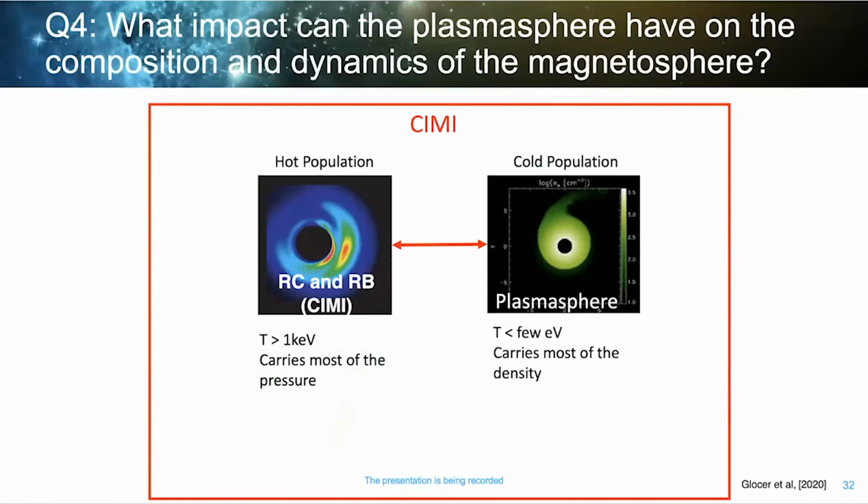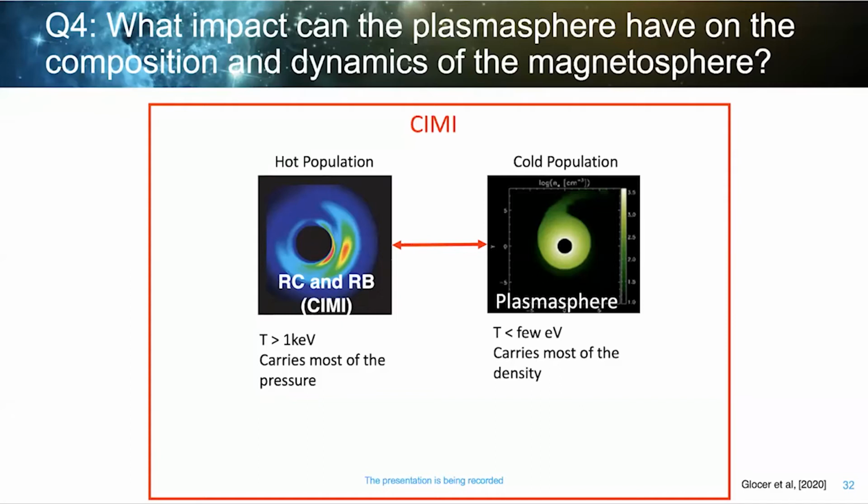So now the final question of this section of the talk, I want to address what impact the plasmasphere can have on the composition and dynamics of the magnetosphere. So in SIMI, I've mostly been talking about the ring current modeling aspect of SIMI, but SIMI also models the radiation belts, and it also models the plasmasphere.